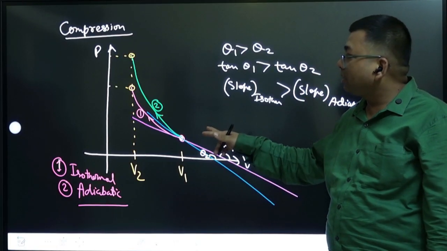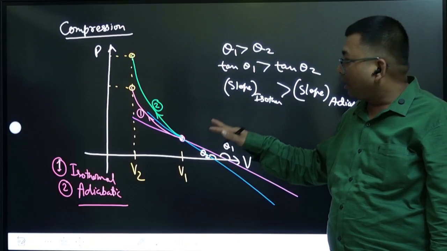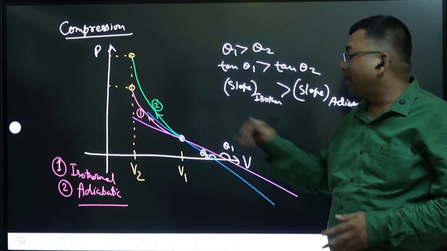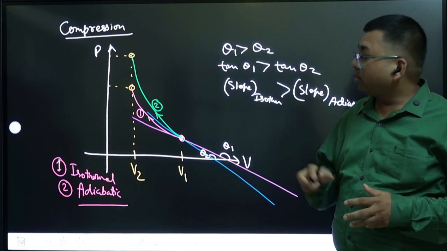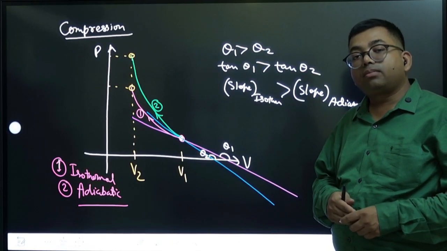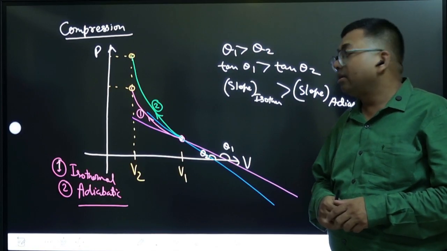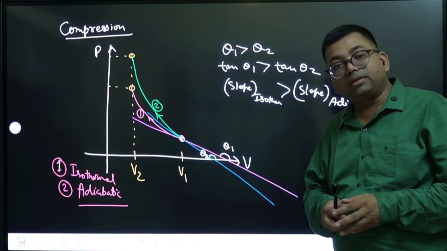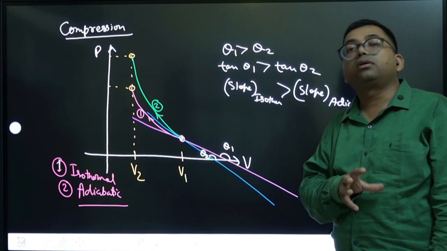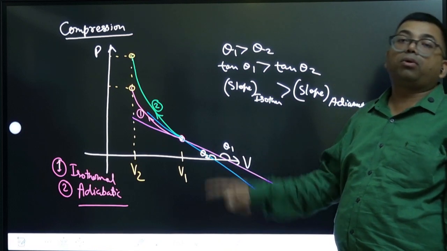So definitely here the area below the adiabatic is more than the area below the isothermal. Clear? So in compression, adiabatic work is more than isothermal. But in expansion, isothermal work is more than adiabatic. I am not going into the work done calculation again, but this is the application of the slope of the graph.